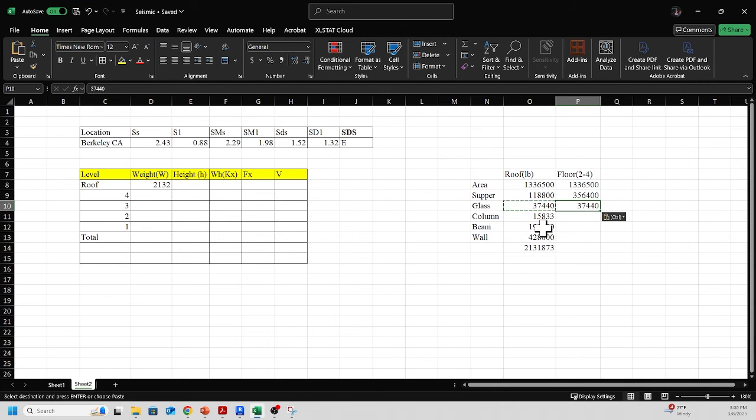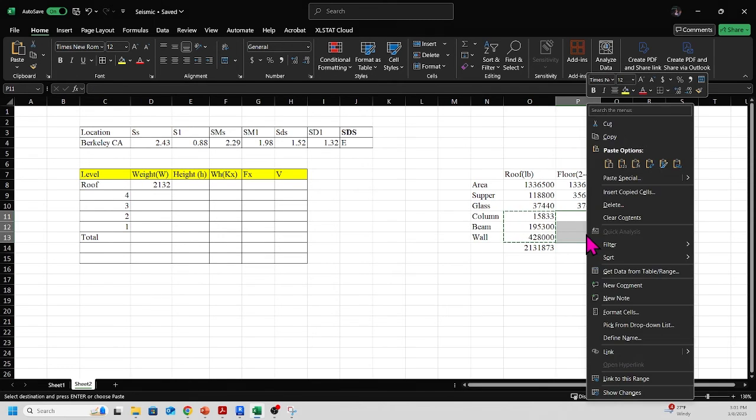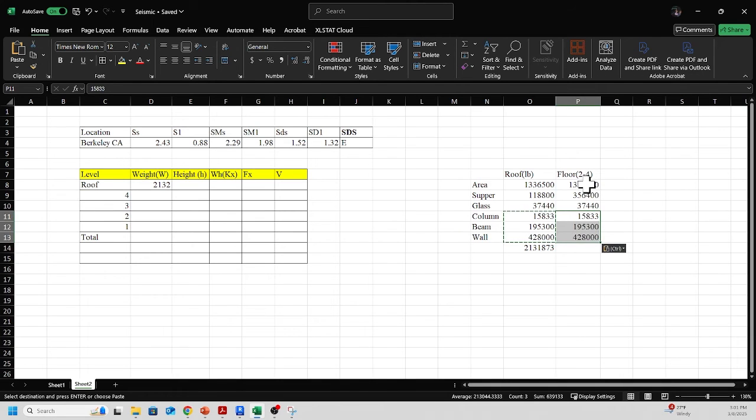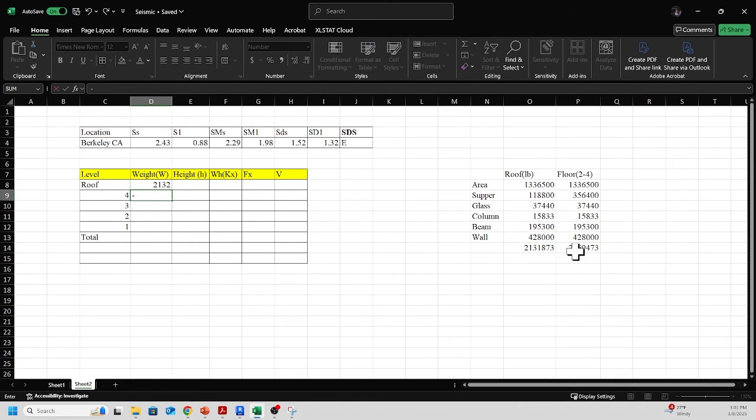The beam is going to be the same. The column is going to be the same. Everything is going to be the same. Okay, let's total it. This is equal to this number divided by 1,000. Enter.